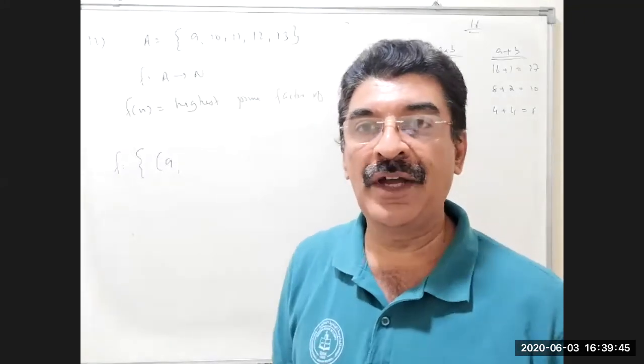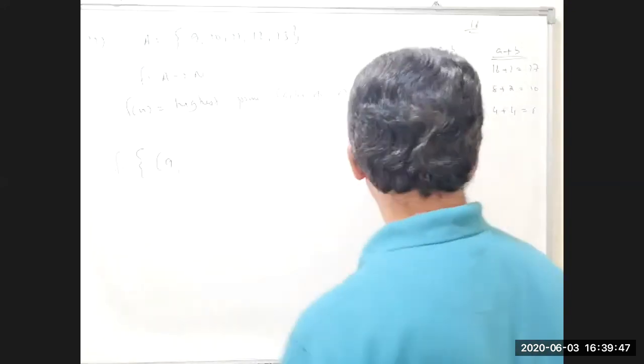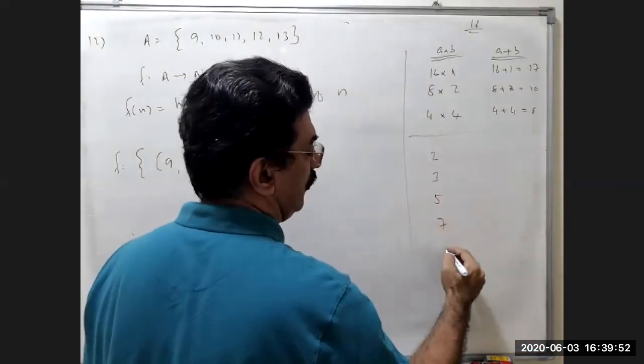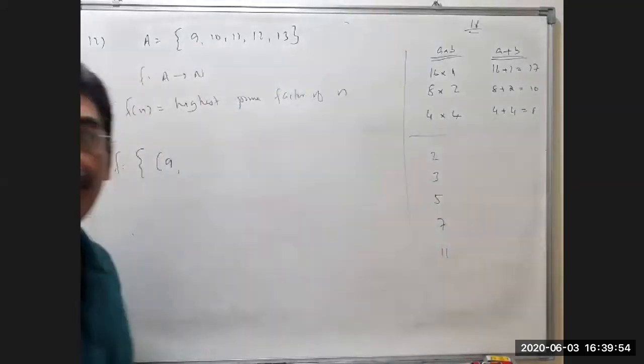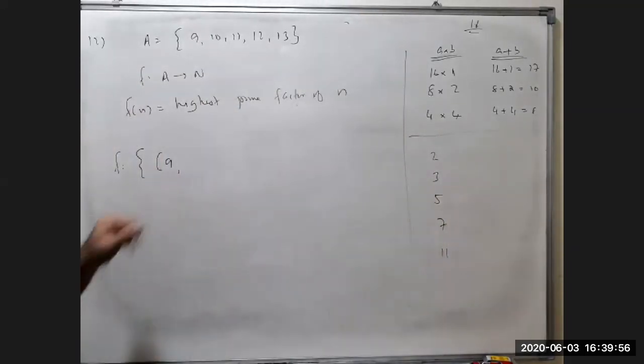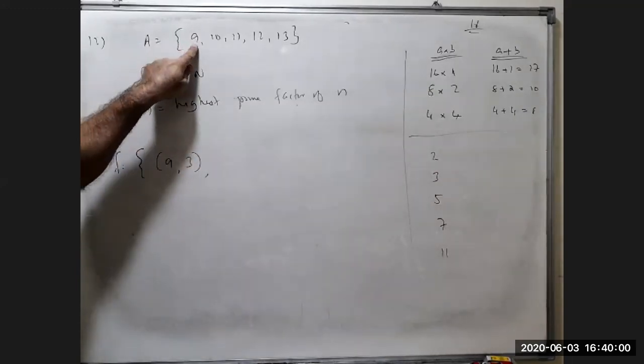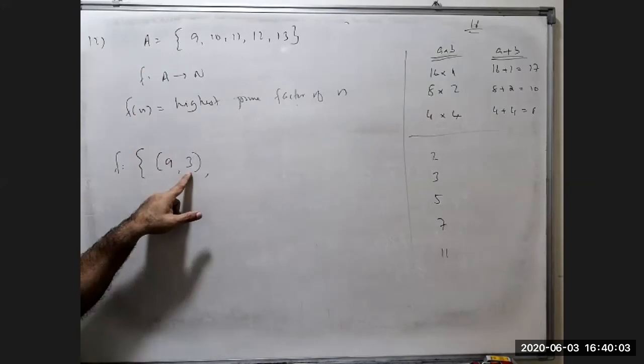Prime numbers are 2, 3, 5, 7, 11. So the highest prime factor of 9 is 3. So for the first number, the highest prime factor is its Y coordinate.